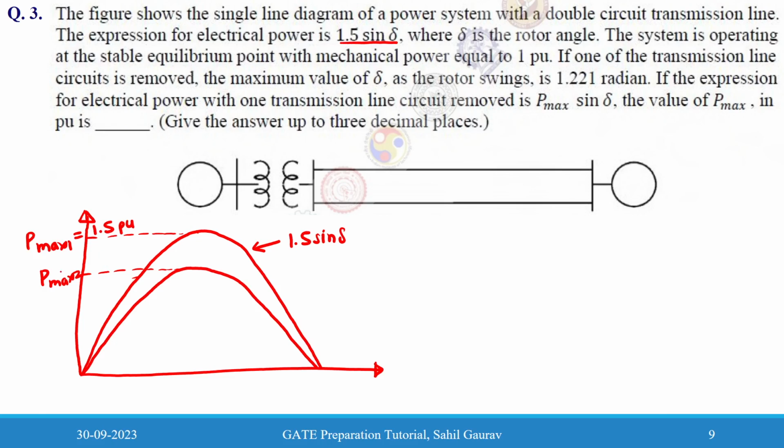We have to find this P max 2 value. This is unknown. So this machine is stable at this rotor angle.